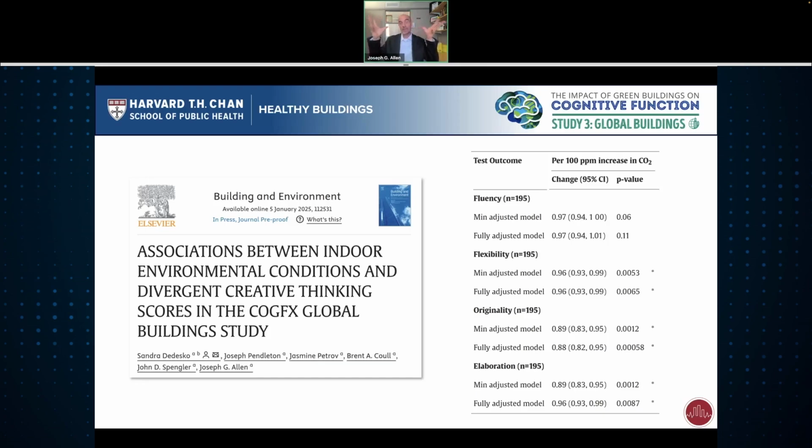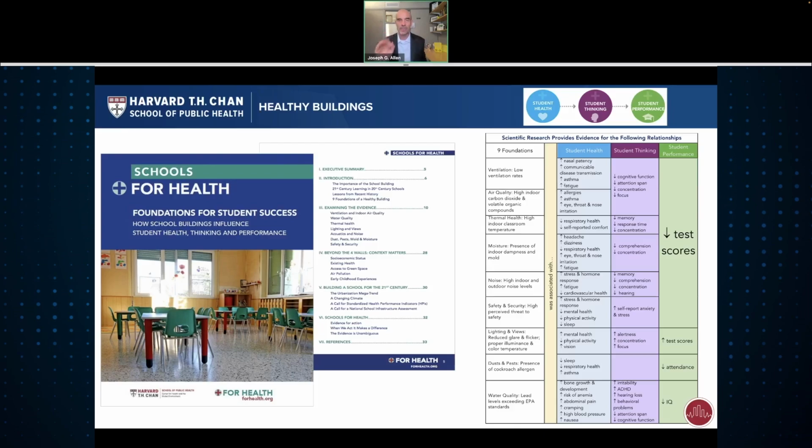That starts to paint a picture of how indoor air quality influences our brain's ability to function on tests of higher order cognitive function, and also our ability to perform creatively. So of course, what does this mean for schools? Well, there are many adults working in schools, but it's also totally consistent with the full body of science on how good schools and indoor air quality influence student health, student thinking, and student performance.